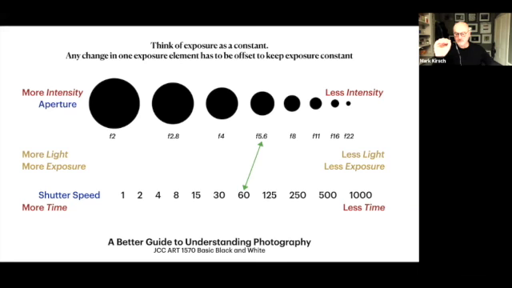All right, how many positions over is that F22 from 5.6? 4. So that's less intensity 4 times. Where does my shutter speed go to balance it out?